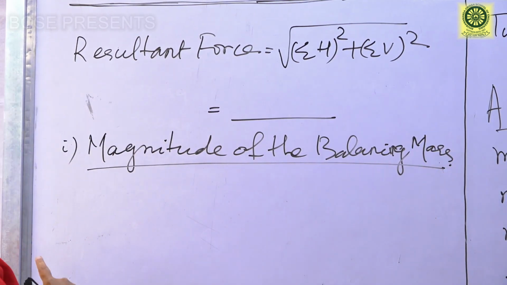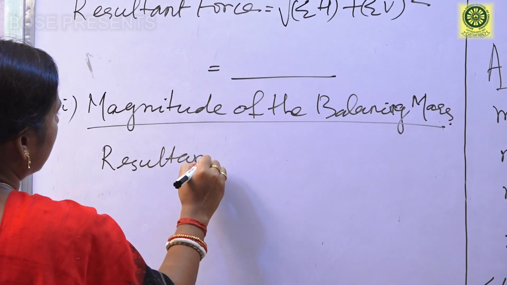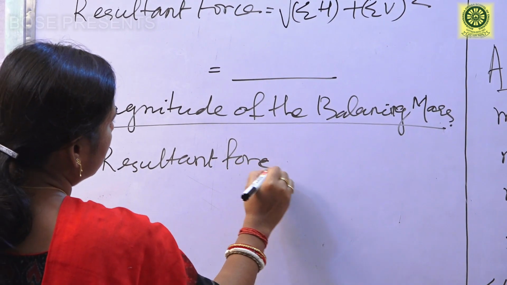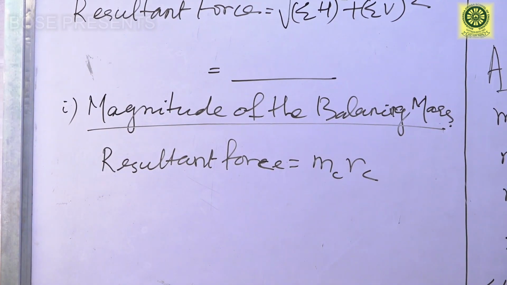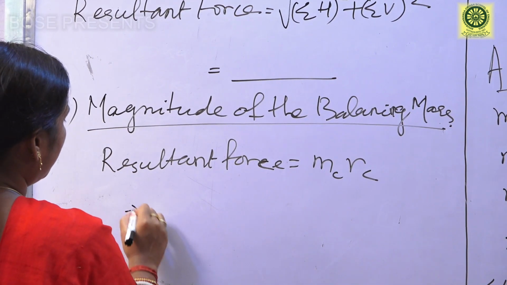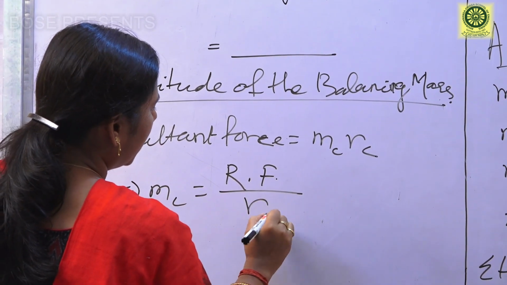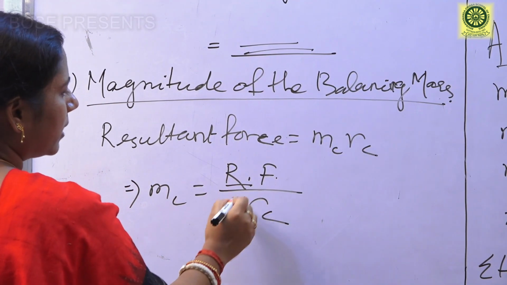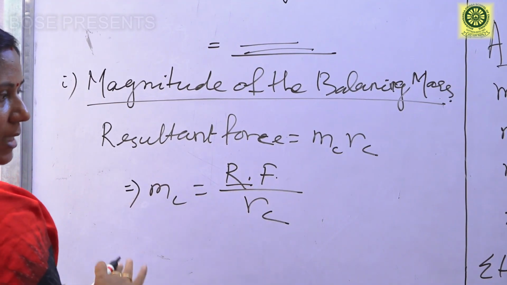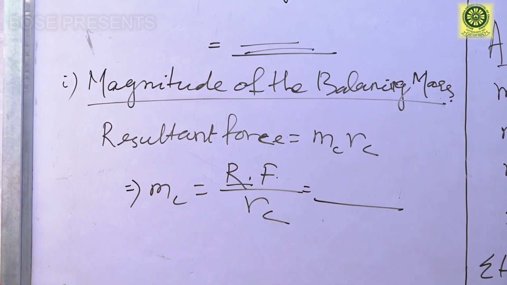So to find out the magnitude of the balancing mass, you can put the resultant force equal to mc into rc. That implies mc will be equal to the resultant force divided by rc. Already the resultant force has been calculated, you put it here, and the value of rc will be as given in the diagram. Okay, you will get the magnitude of this.